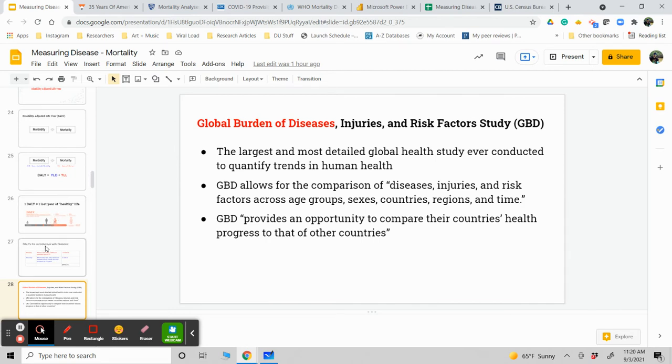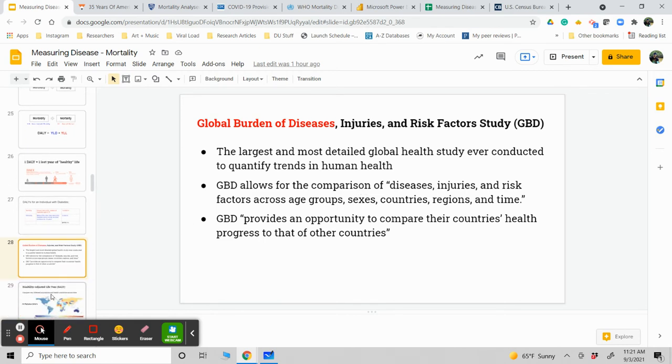And the goal is to quantify trends in human health. We want to basically understand what diseases are weighing down on different communities and how that is changing over time. The global burden of disease study allows us to make comparisons by diseases, injuries, different risk factors across all of these different categories. Again, we are searching for patterns, we are searching for trends, and this is a useful tool for that.